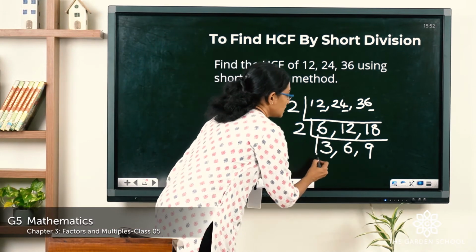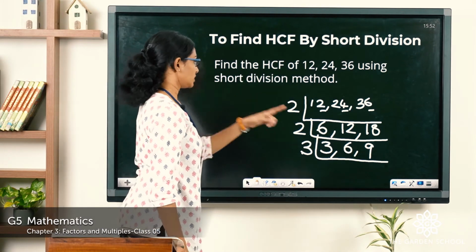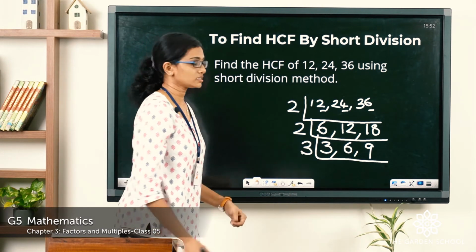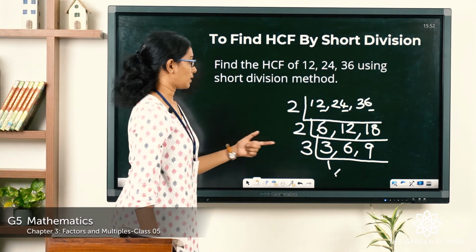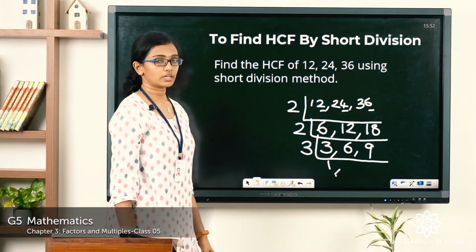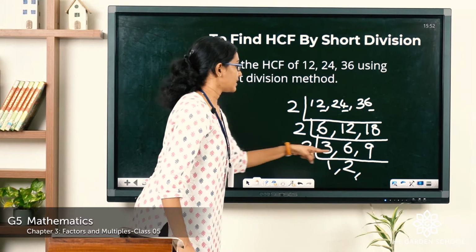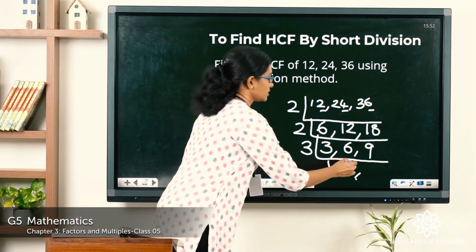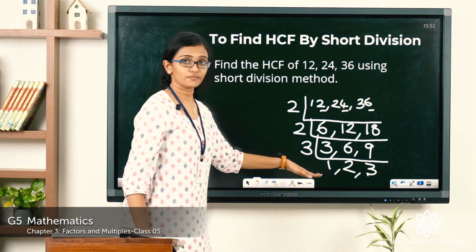So let's take 3 and write 3 here. Now 3 divided by 3 is 1. Any number divided by itself is equal to 1. Now 6 divided by 3 is 2, comma, 9 divided by 3. What is it? It is 3. Now, these are the new set of quotients.